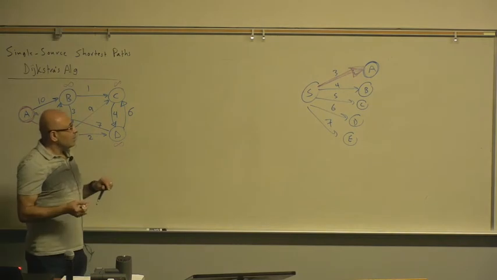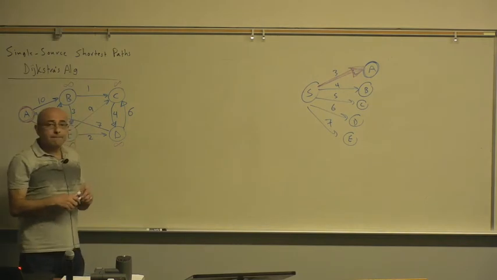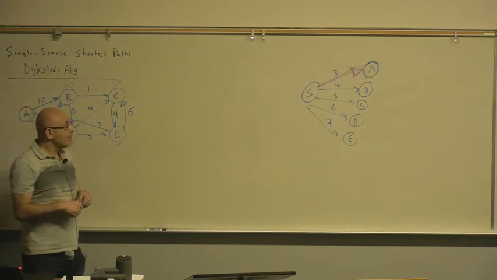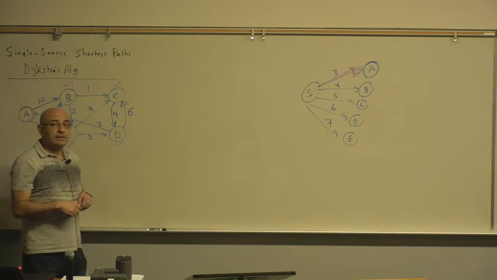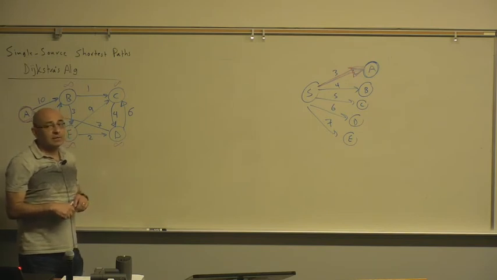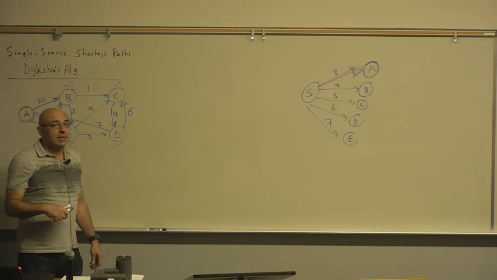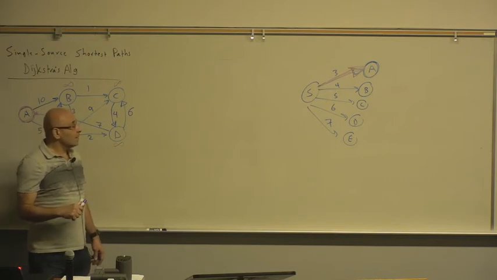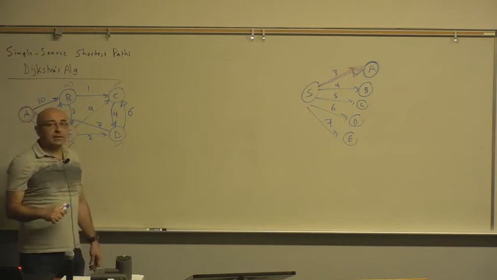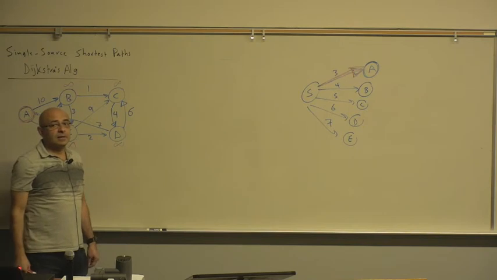Okay? Why? Because if you're going to that particular node through a different path, that higher cost would be added. For example, if you want to go to A through B, then we'll have to add the cost of S to B and then B to A. Exactly.